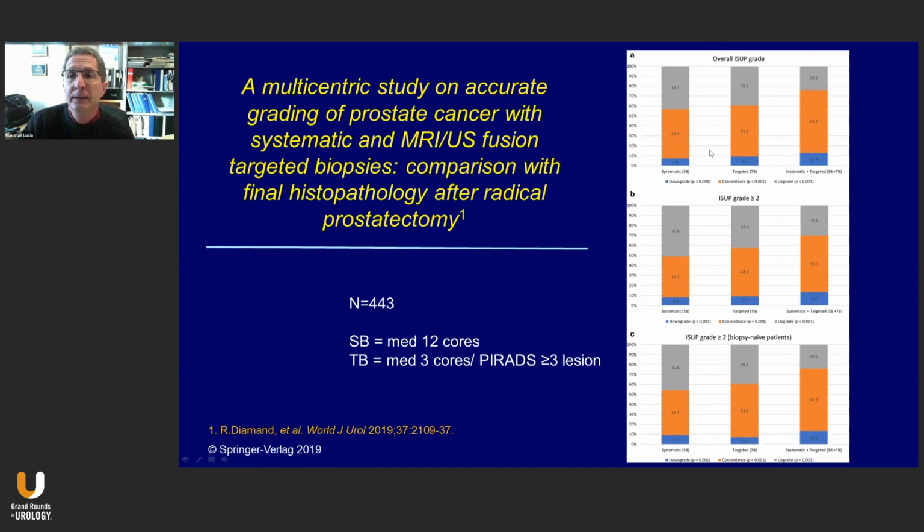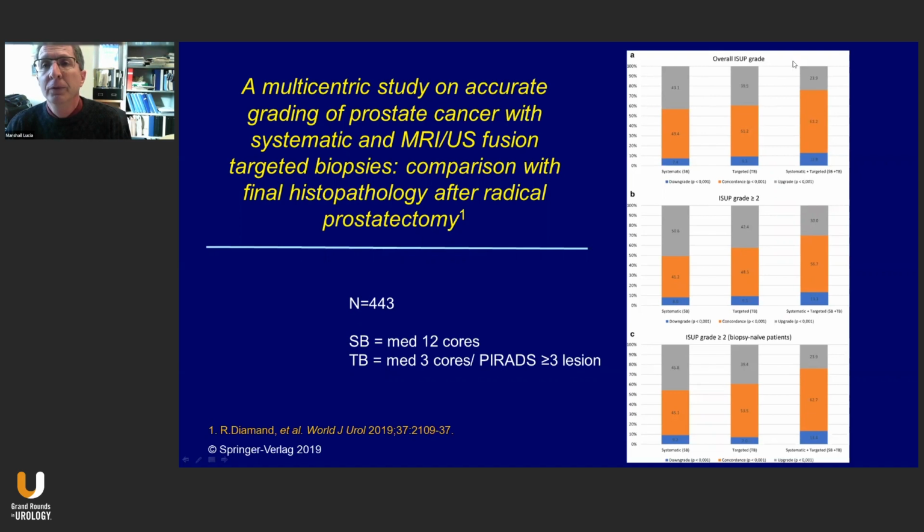And what you see here is the rate of upgrading that occurred when compared with the final gold standard prostatectomy grade. Systematic biopsy had a greater than 40% upgrading rate, which would be in the gray area here, which was less in the targeted group, but the combination performed better for reducing upgrading, having more concordance, but also having a slightly increased rate of downgrading when compared to the final prostatectomy result.